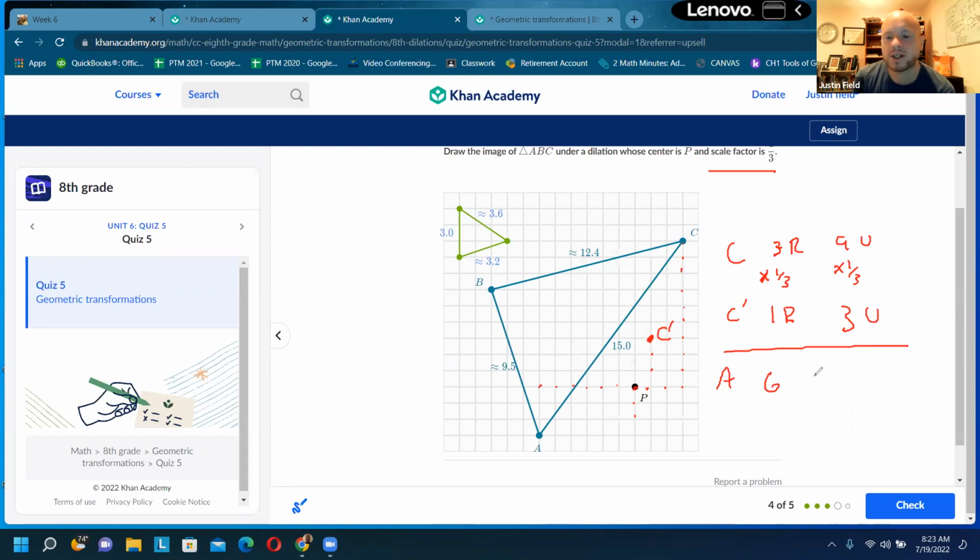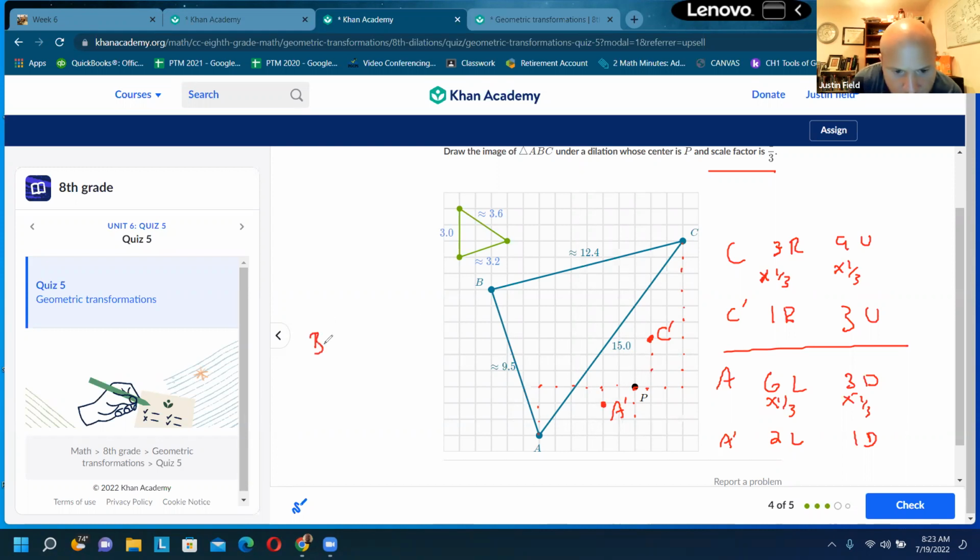So this time we're going 6 to the left, and then 1, 2, 3 down. Then I multiply those by 1/3, and I get 2 left and 1 down for A prime. So from the center, I go 2 left and 1 down, and that's A prime.